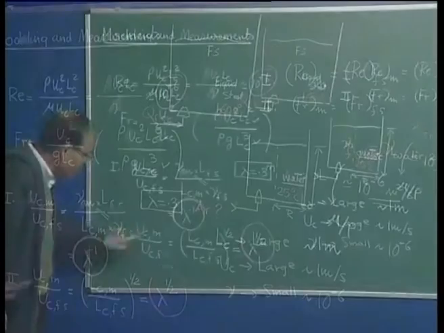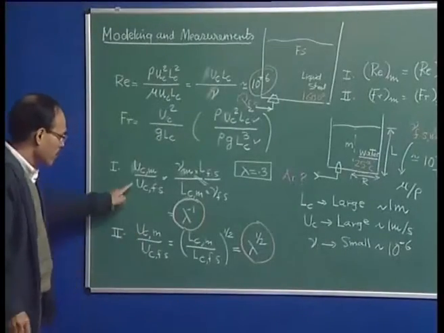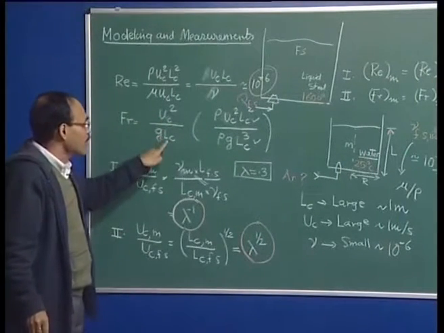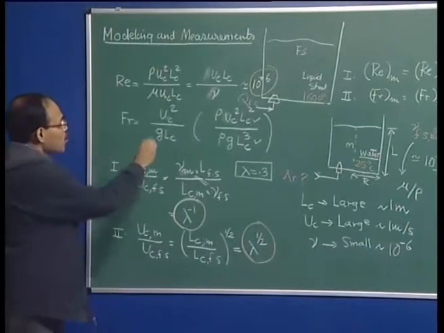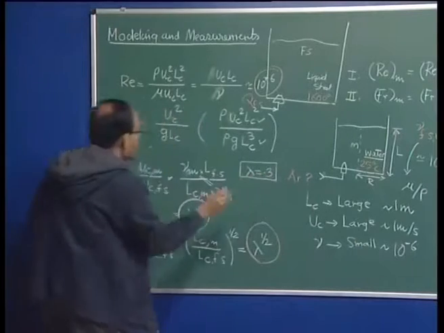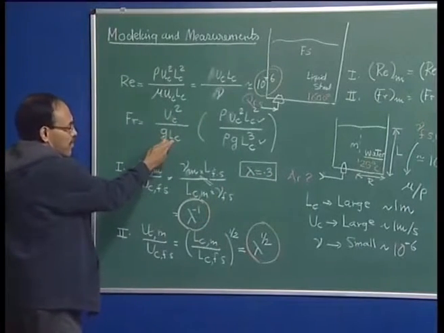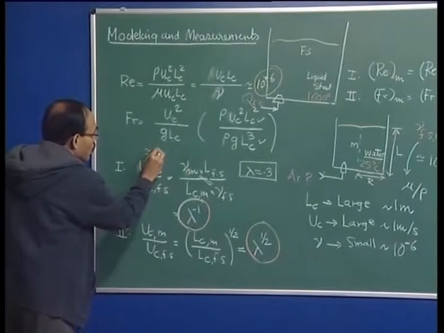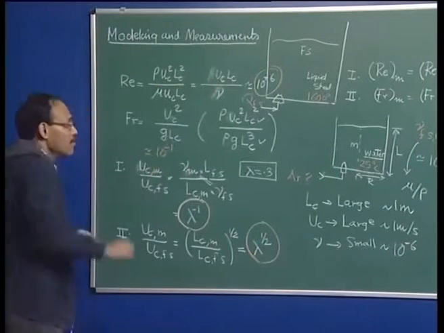Similarly, if we analyze the Froude number, which is equal to uc square by g, with uc of the order of 1 and characteristic length LC of the order of 1, and g approximately 9.81, which I am taking to be 10, the Froude number will come out to be of the order of 10 raised to the power minus 1.